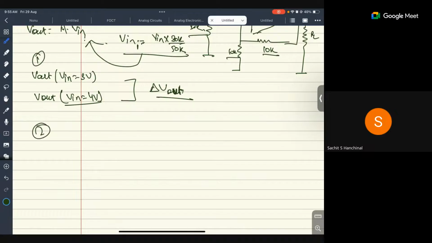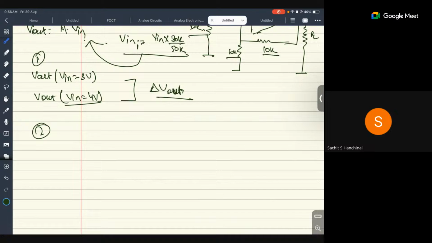Second question is resistance R1 has a maximum variation of 4% while resistance R2 has a maximum variation of 4%. What is the maximum variation in the V out for a given V in? Now you can see that when V in is changed, V out is changed.